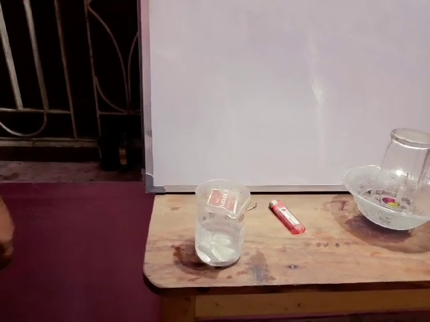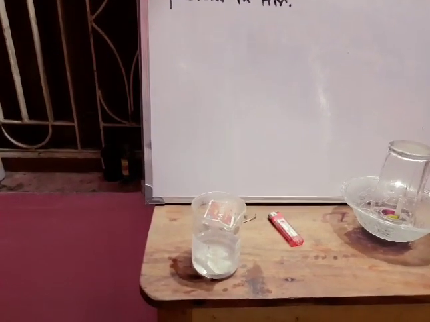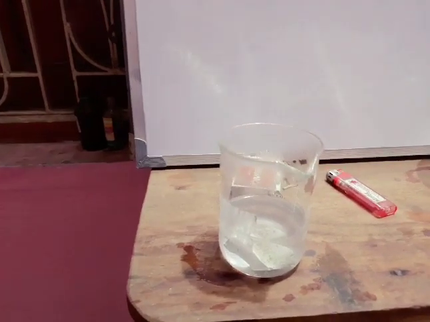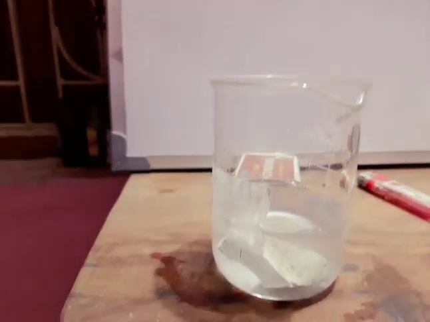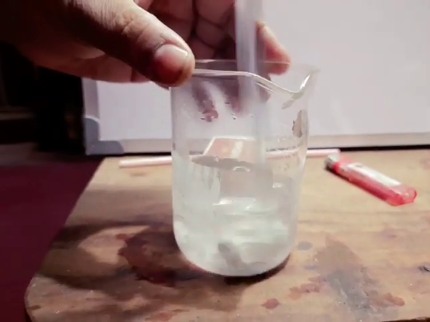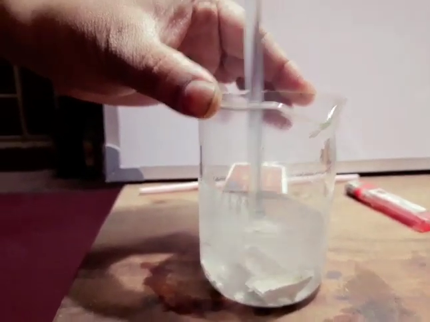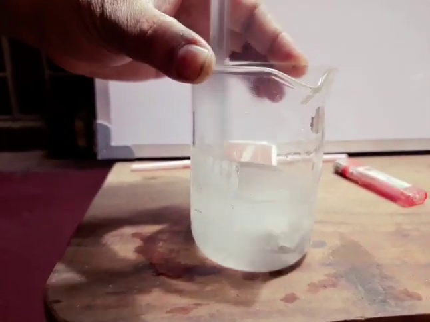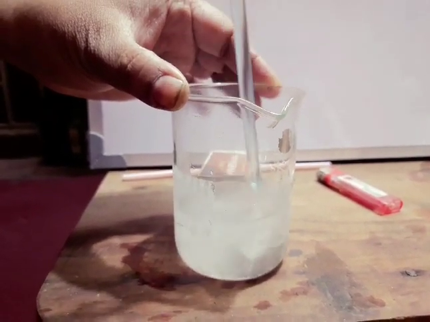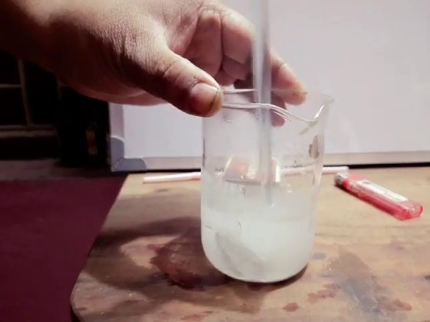And here we need one glass rod. Slowly it is reacting. If we break it, then the surface area will increase, and the reaction will be faster. So this is calcium oxide reacting with water. It is hydrolyzed and forming calcium hydroxide.